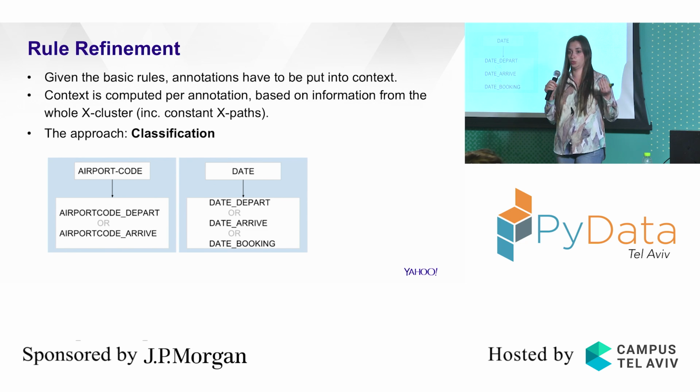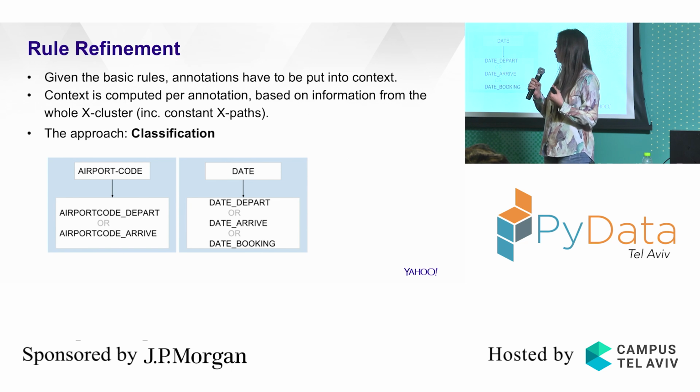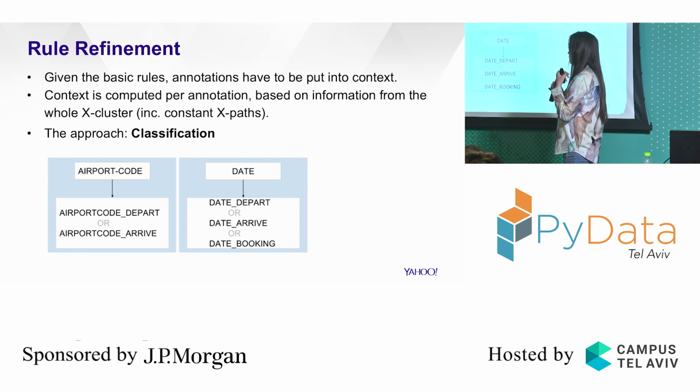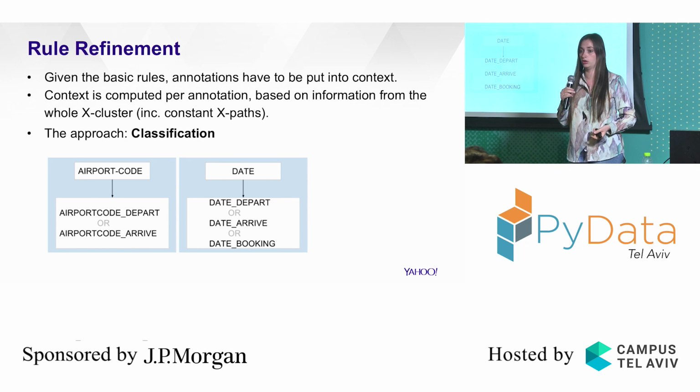And our approach to know which context label to replace with is by classification. As I said before, we are looking at the whole XPath cluster, on the full message, and now we do consider the constant XPaths that we ignored before, because they contain a lot of indicating words that can help us through the classification step.